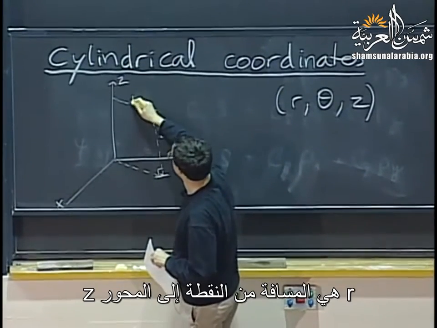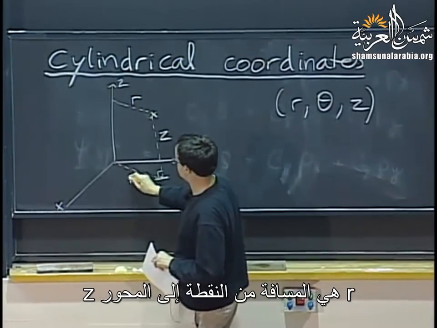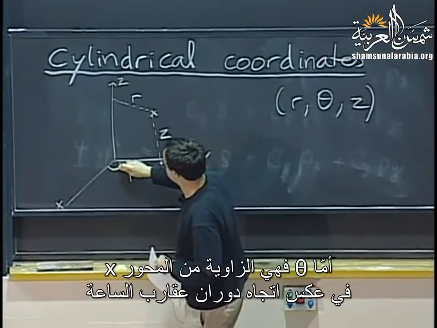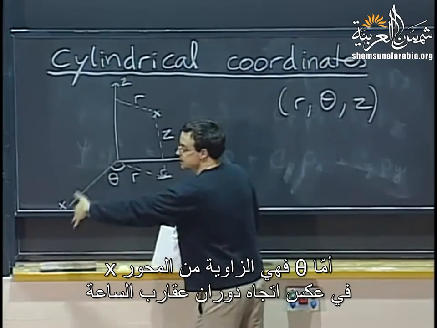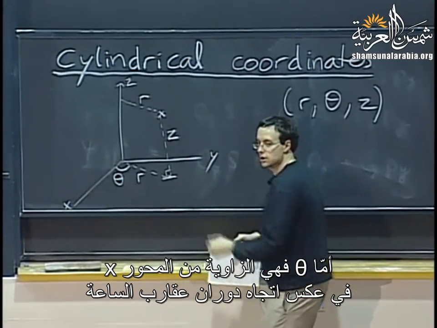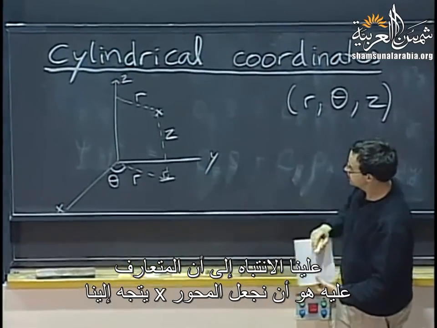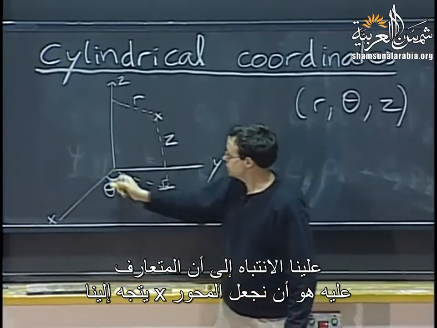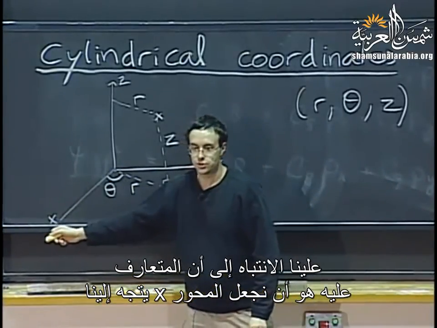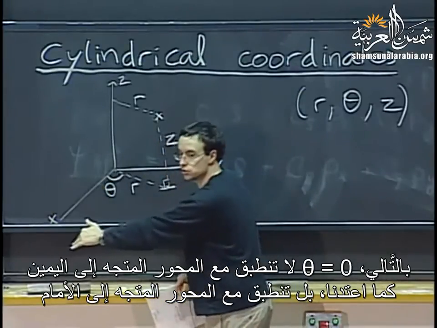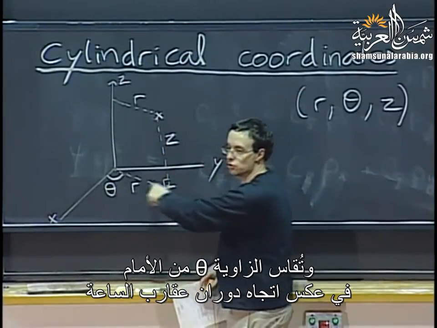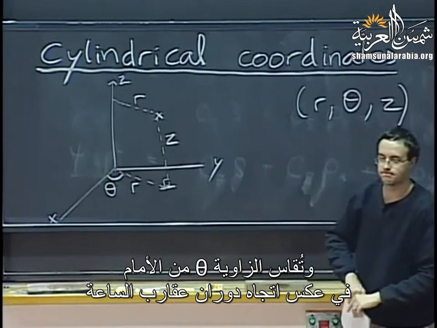So r will be the distance from the z-axis, and theta will be the angle from the x-axis counterclockwise.